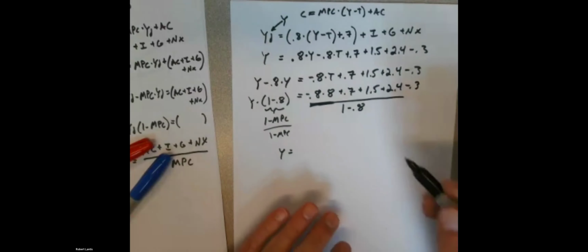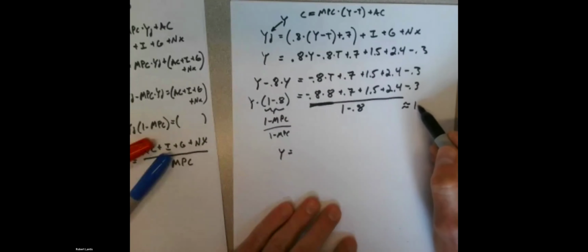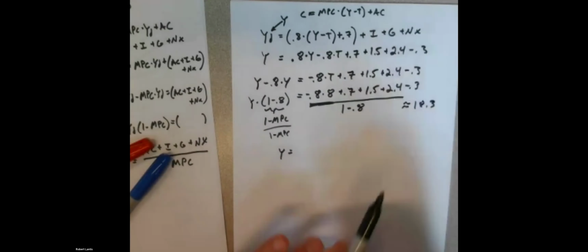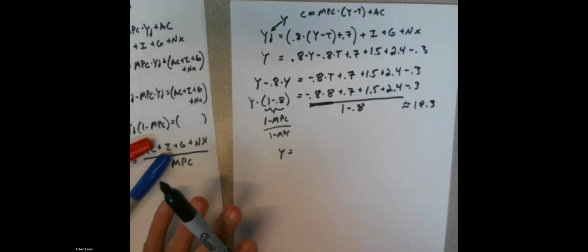We've got 4.3, so minus 0.8 times 0.8. So if we're taking taxes out, we get now, I think, approximately 18.3, right? So let me make sure I've got all those values in there.